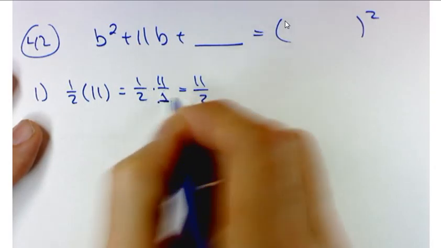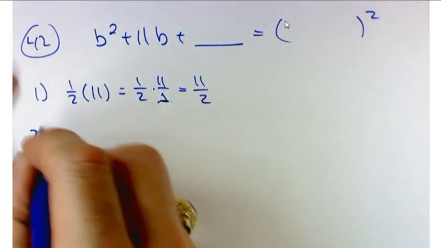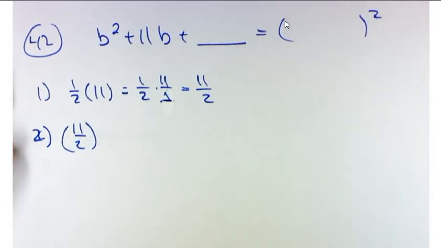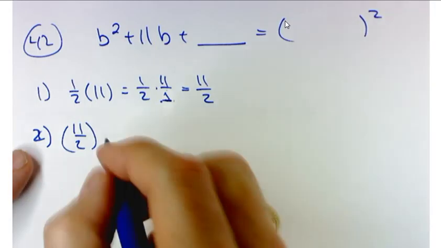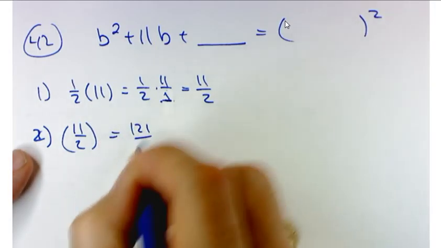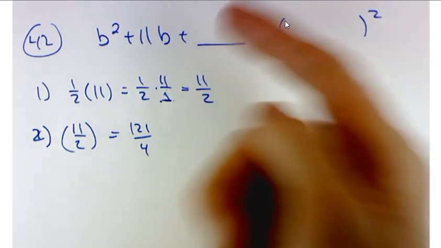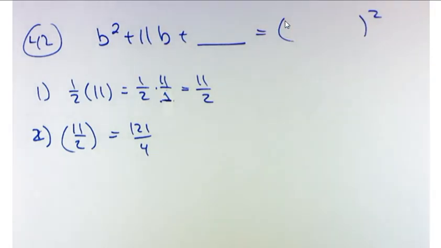What do I get when I square 11 over 2? 121 over 4. Just leave it as fractions. We don't have to convert it to decimals. See if you can use those two numbers, now that I've helped you create them, to help finish off the factorization in problem 42. We got the hard part done. Let's finish it up.